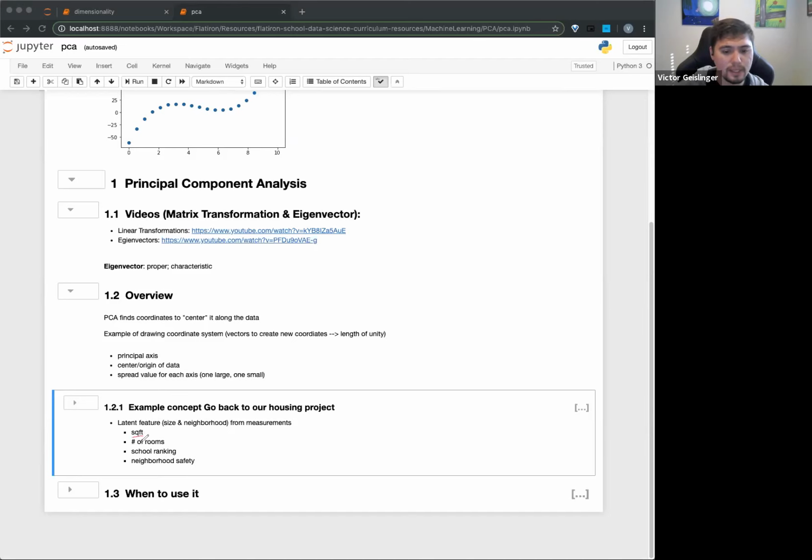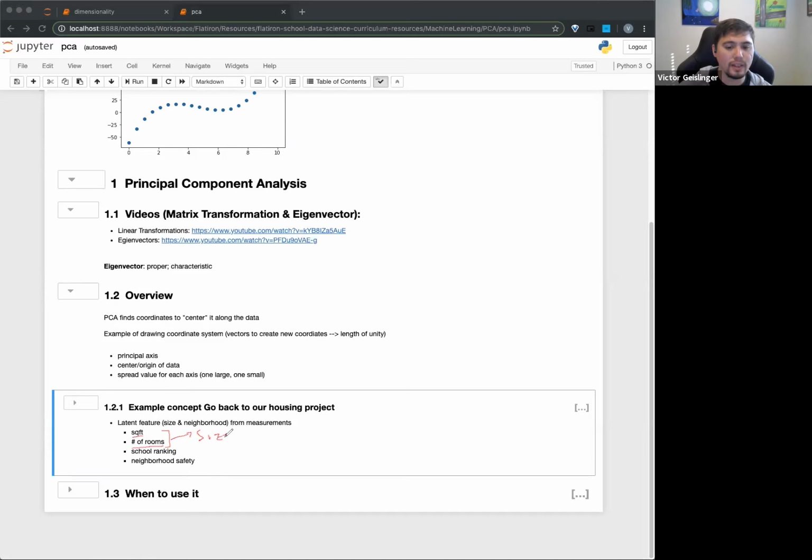We had something like square foot and number of rooms. You can imagine these are probably correlated, right? Knowing about houses, if you have a larger house, you likely will have more rooms. So you can think of this as combining together into some arbitrary idea called the size of the house, right?